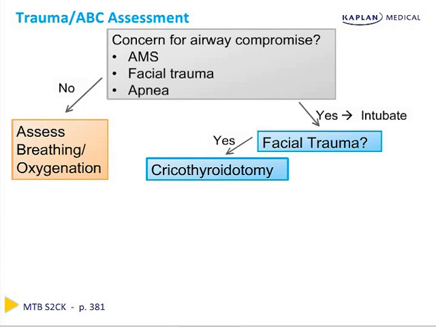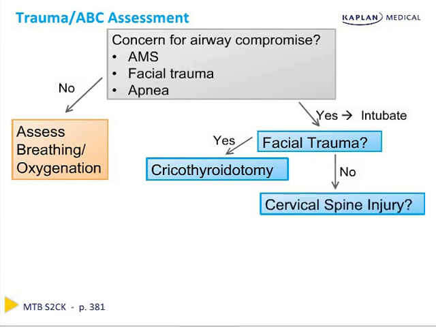In this situation, the recommended procedure is a cricothyrotomy, which allows access to the airway distal to the area affected by trauma. The other unique situation to keep an eye out for is a patient in which you are concerned about a cervical spine injury.